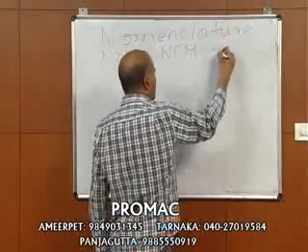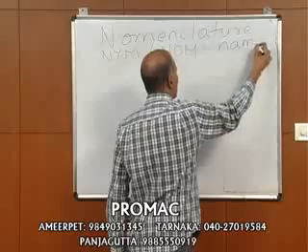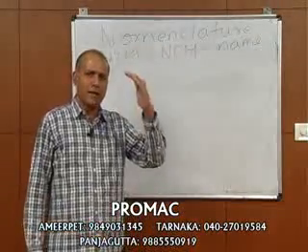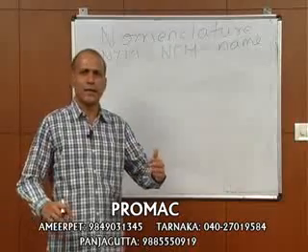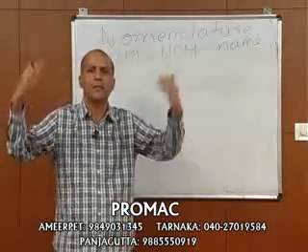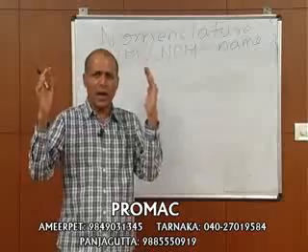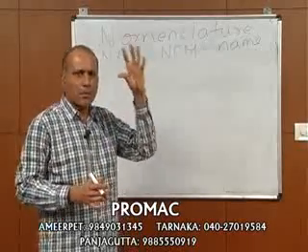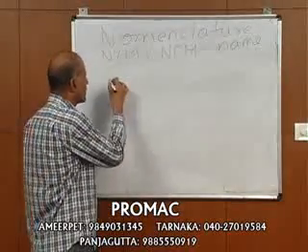The root word NYM nim or NOM nom means name. So what is nomenclature? Nomenclature is the process of naming things or the system of naming things. There is a system or methodology of naming anything.